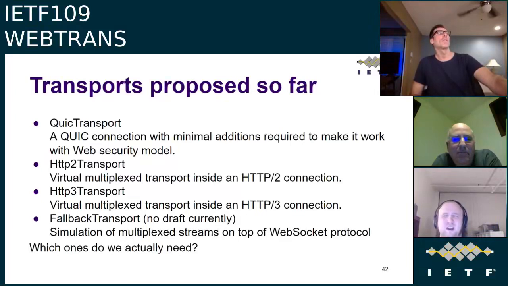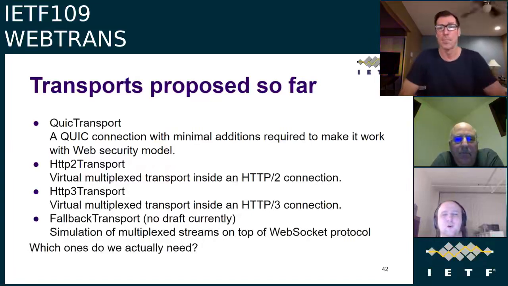And we're largely arguing for 3 or 4 of them, I think, at this point. But there are 3 aforementioned. There is a hypothetical fallback transport, which I think at this point no one seriously considers, because the idea was that you could roll a transport on top of WebSocket, but you can do it completely yourself. So we don't need an IETF working group for this.